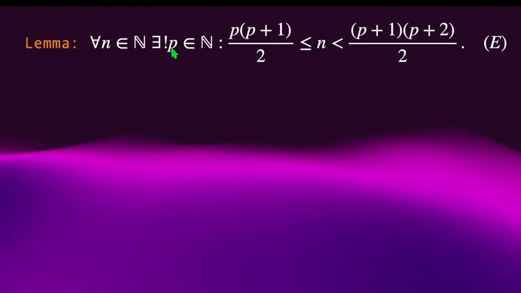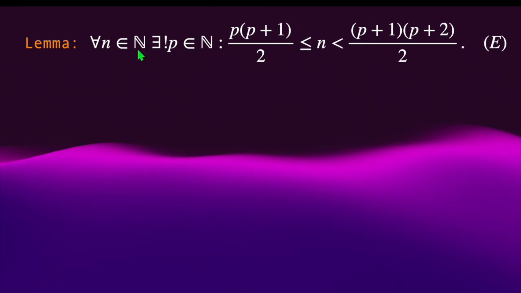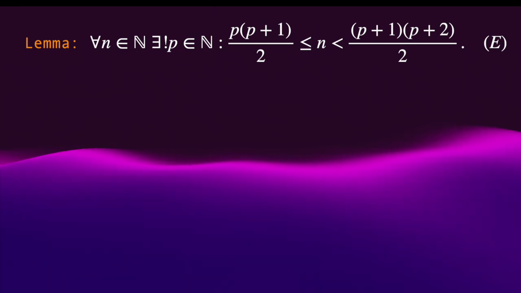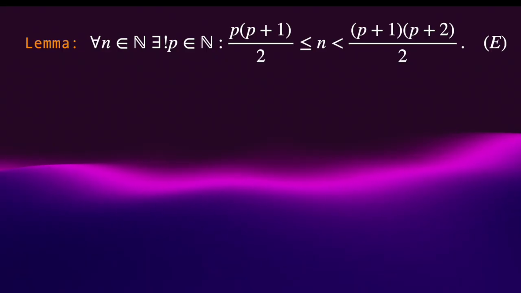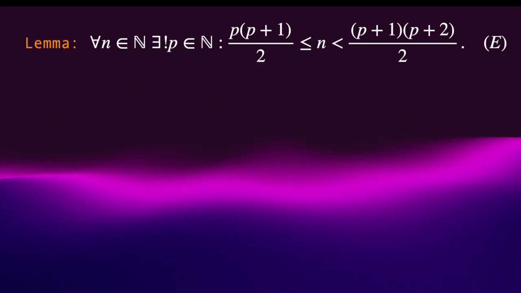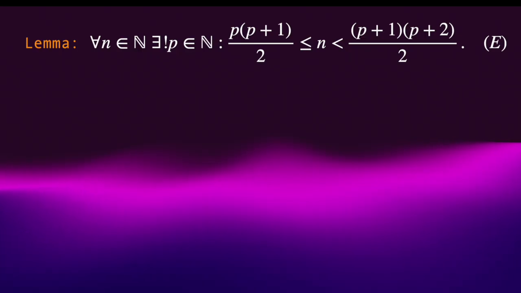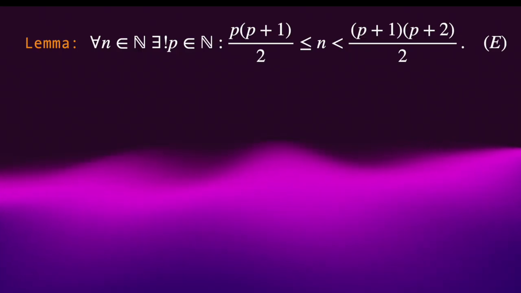So this integer is unique, and it is associated to any integer. And actually we will give explicitly the expression of p as a function of n. So let's go.